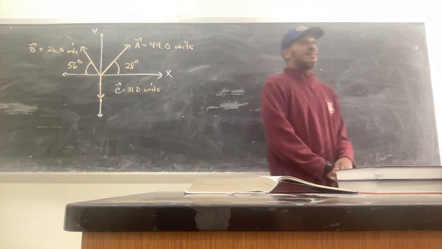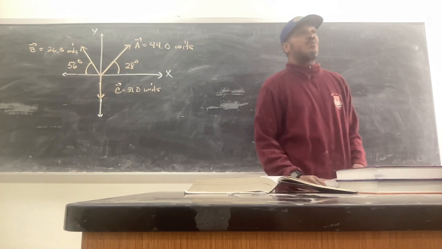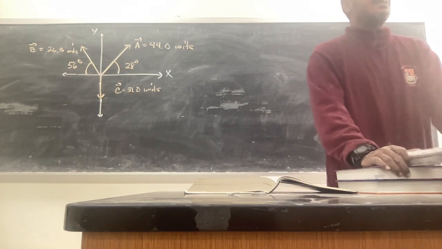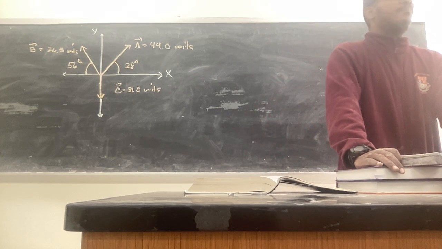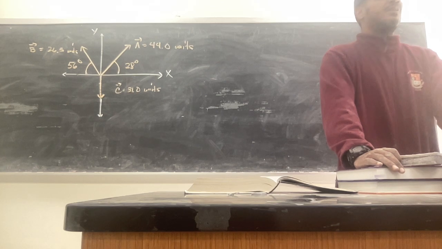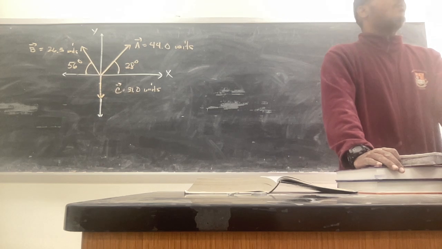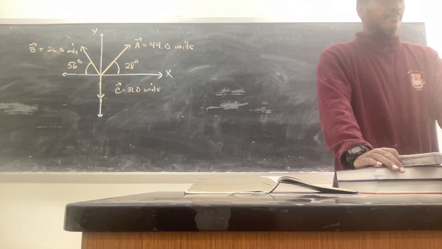Please don't tell me when we get 2 weeks into this that you don't know what I'm talking about when I say with respect to the positive x-axis, or the negative x-axis, or the negative y-axis.